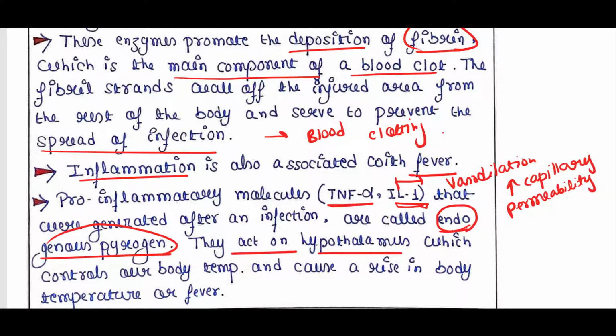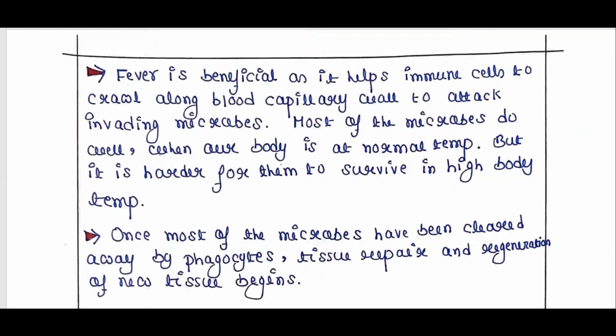And we know that the hypothalamus is a central portion of our brain that controls our body temperature. These pro-inflammatory molecules act on it and cause a rise in body temperature, or fever. So in this way, fever is formed after inflammation.